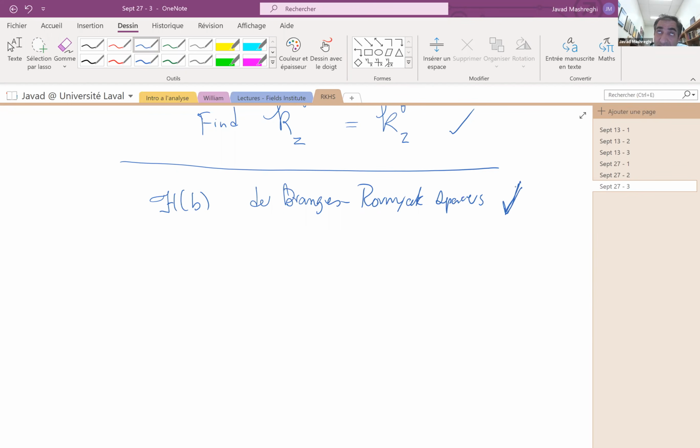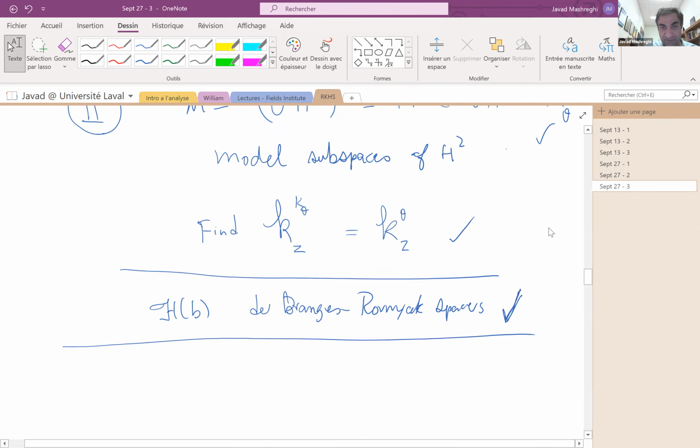We know that evaluation functionals are continuous. We have an explicit formula for the norm. We do not have a formula for the kernel. It's an interesting phenomenon. So not all the time we have all the information. In some spaces, part of the information is missing.